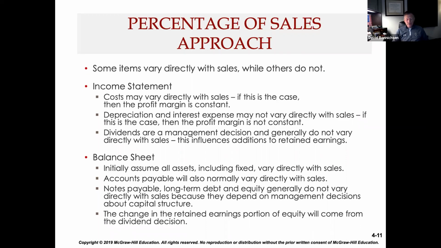Dividends don't vary with sales. That's a management decision. If we keep a constant payout ratio, meaning the dollars of dividends that we pay out divided by our net income equals payout ratio, and sales go up, then we should see more dividends getting paid out to shareholders.